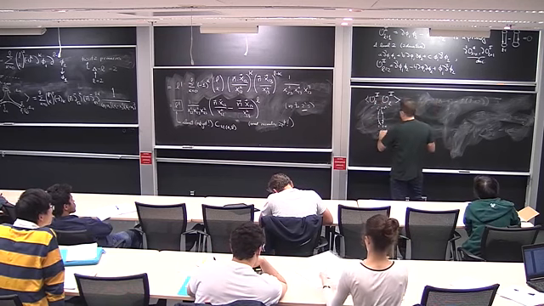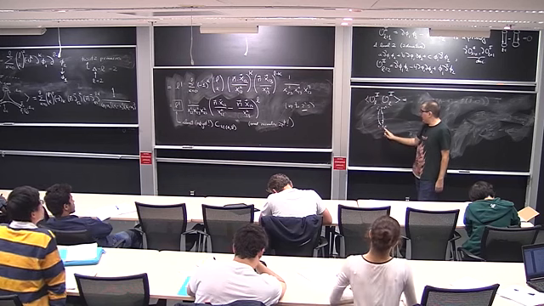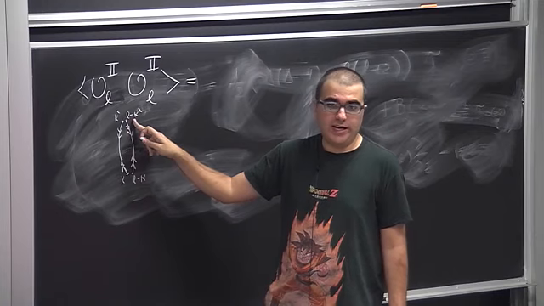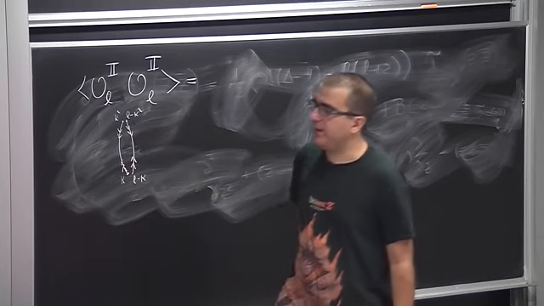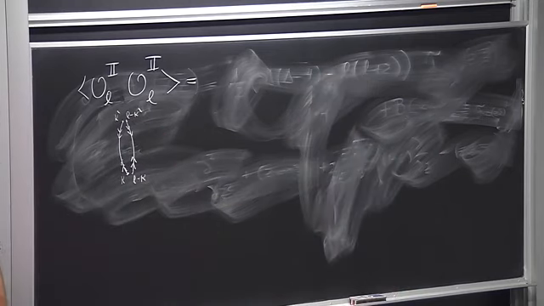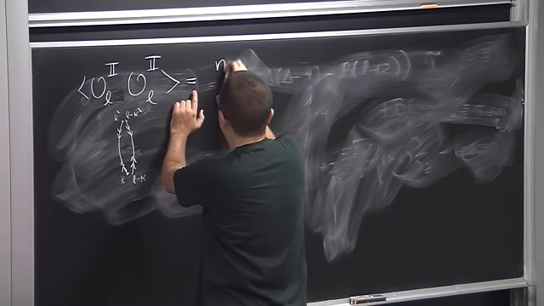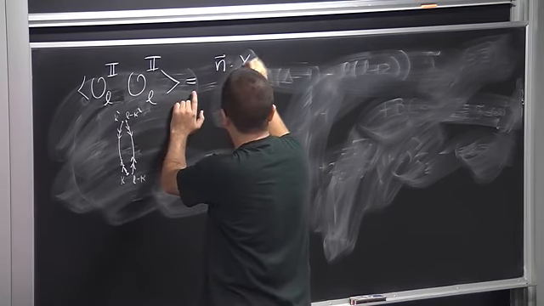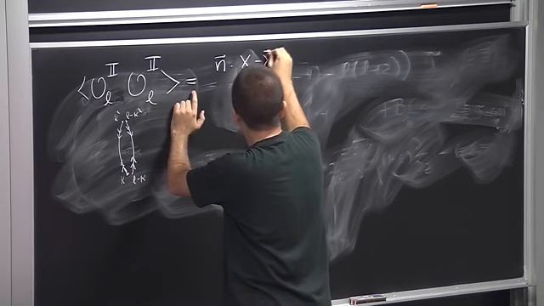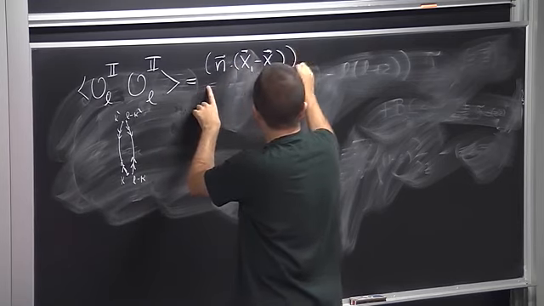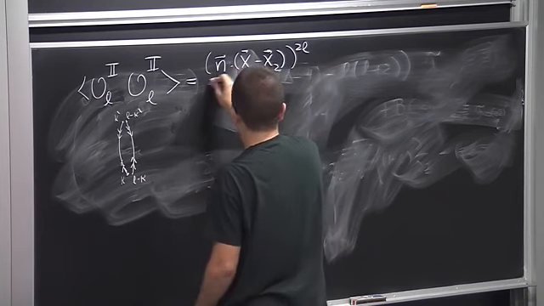In total, I'm taking L plus L, 2L derivatives. Whenever I take a derivative, I get a factor of n dot x, x being the separation between the two points. So the space-time dependency comes out automatically. It's n dot (x1 minus x2), to the power of the total number of derivatives, 2L. There are 2L of them.